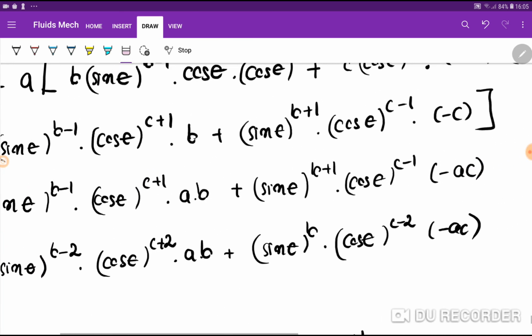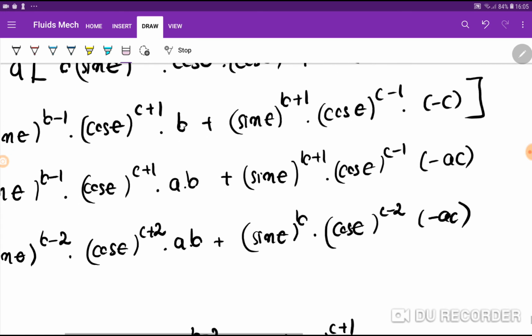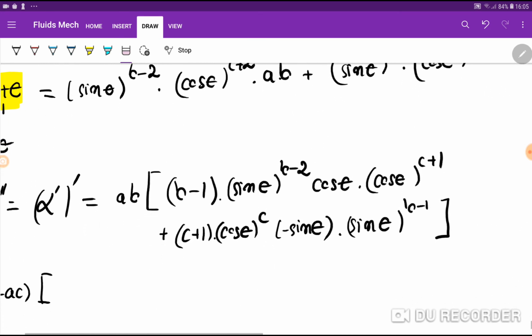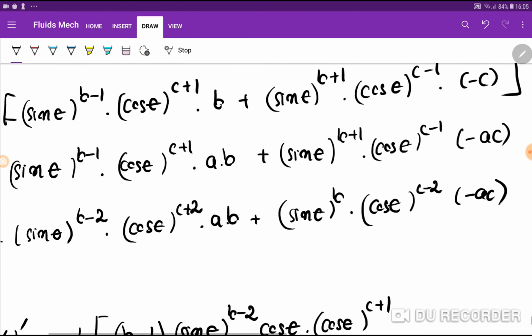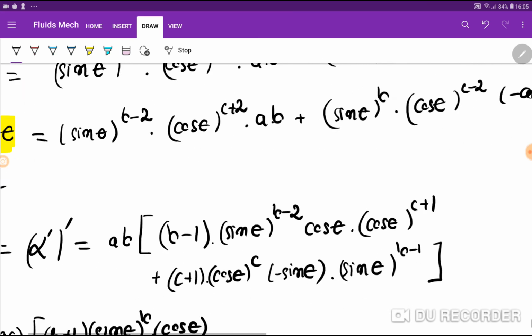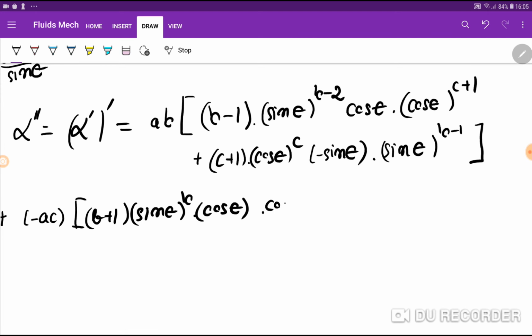Okay, the derivative of sine phi to the power b plus 1 is b plus 1 times sine theta to the power of b times cos theta, because of the chain rule. And then you times cos theta to the power of c minus 1.